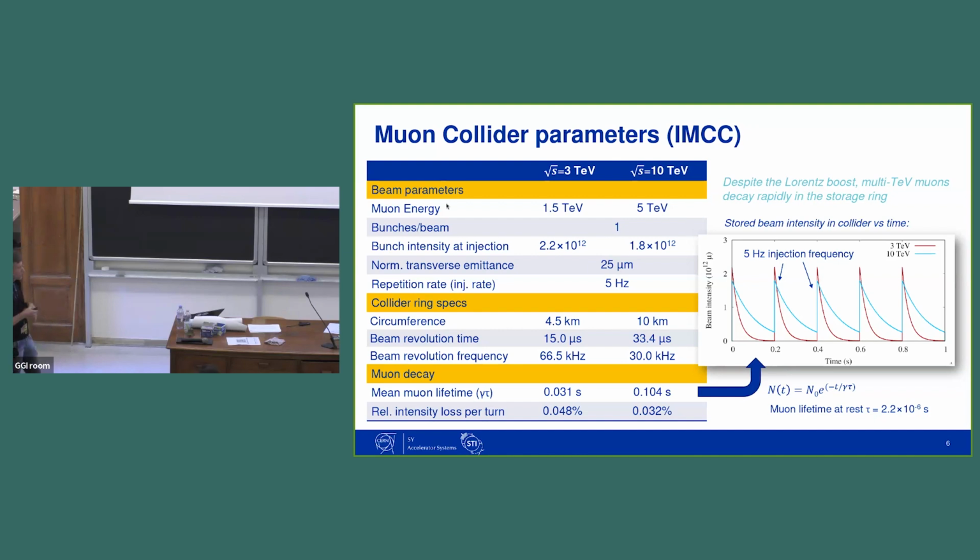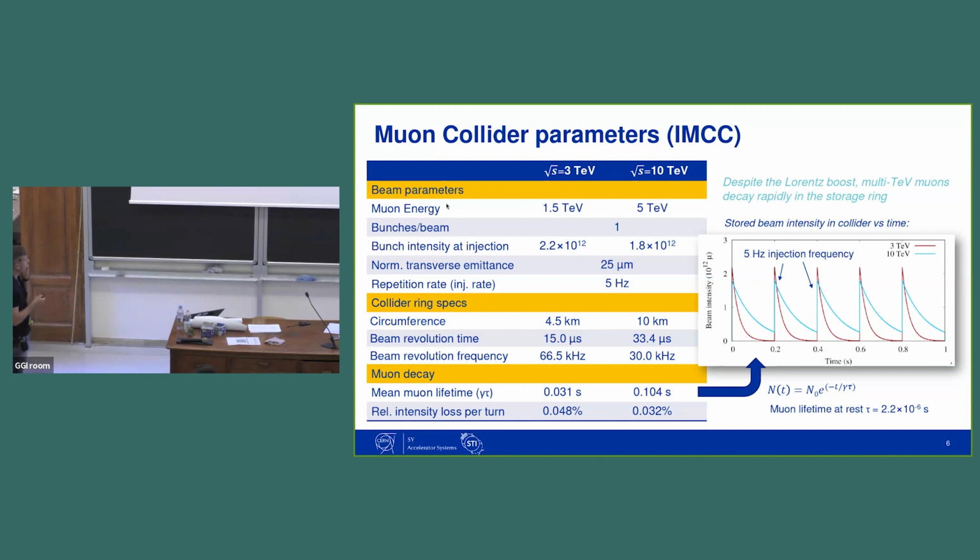The normalized transverse emittance is 25 micrometers, which is in fact a large emittance because, again comparing to the LHC, the present emittance is of the order of 2 micrometers, so a 10 times smaller emittance. It's just to give a bit of comparison with the present highest energy collider running, to say that the parameters are pushed in one or the other direction.